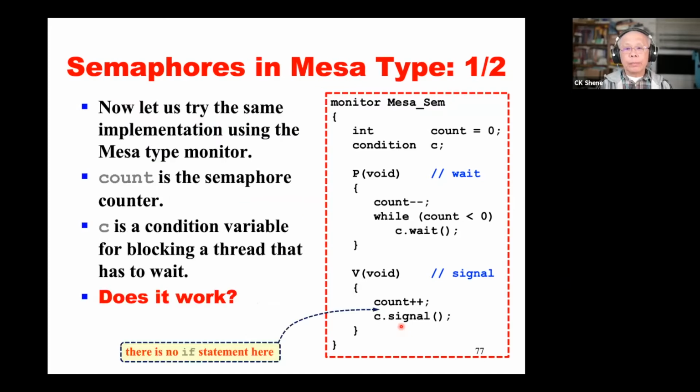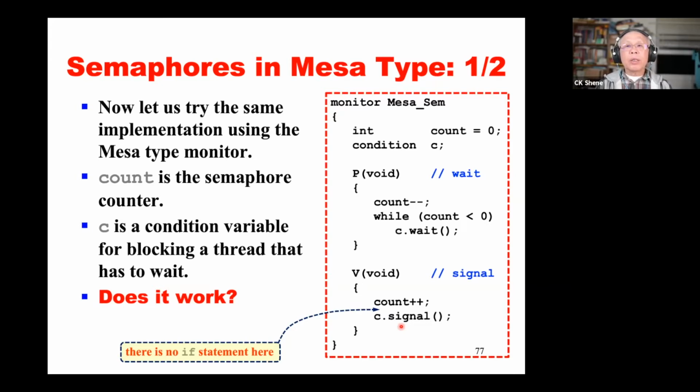Now, let's take a look at the same implementation. What if the monitor we're going to use is a Mesa type? Does it work? Now, remember this. In a Hoare type monitor, the signaling thread yields the monitor to the released thread, and the signaling thread waits elsewhere, outside of the monitor.